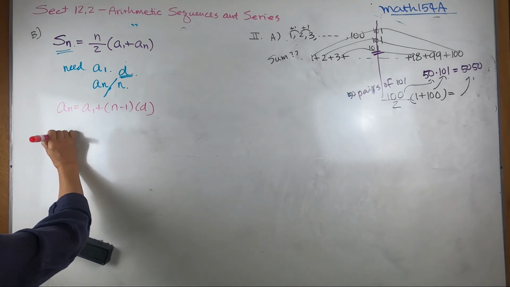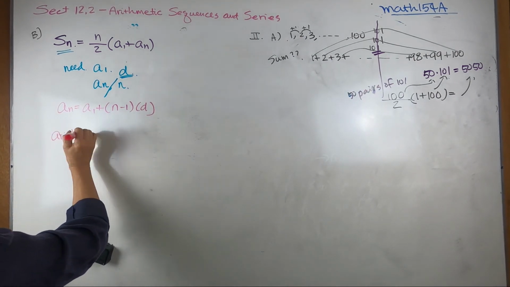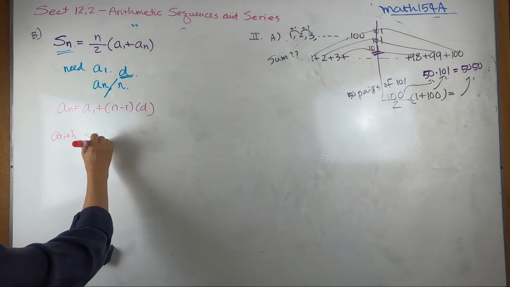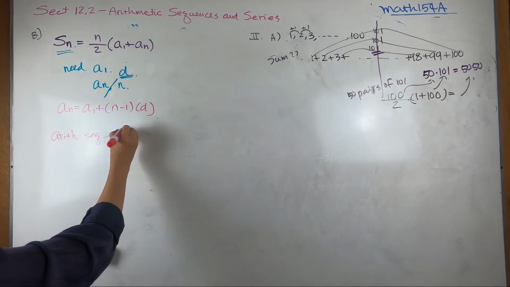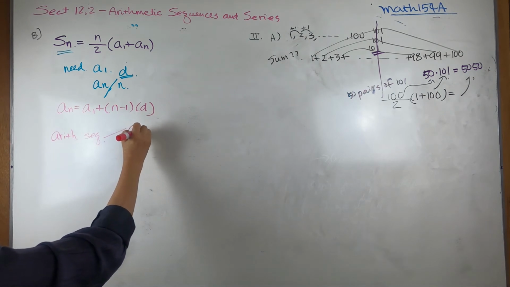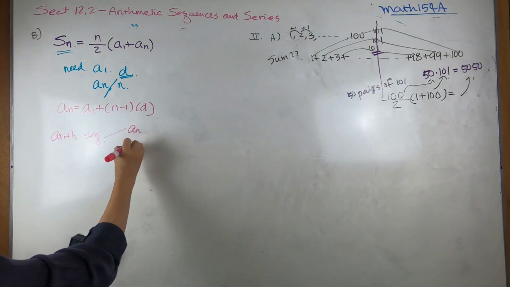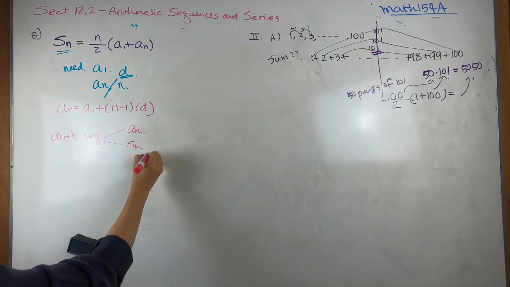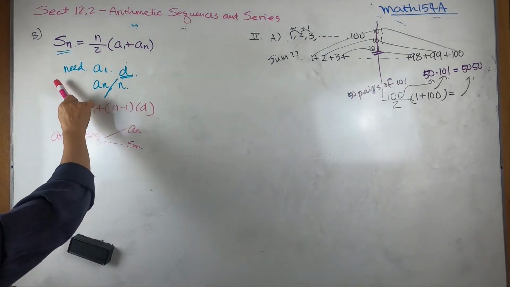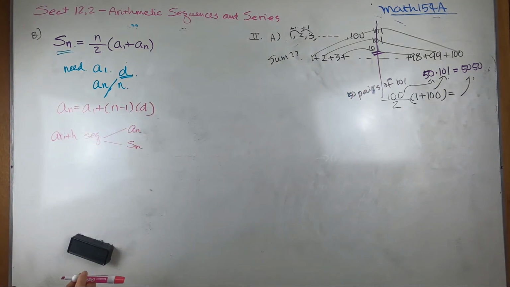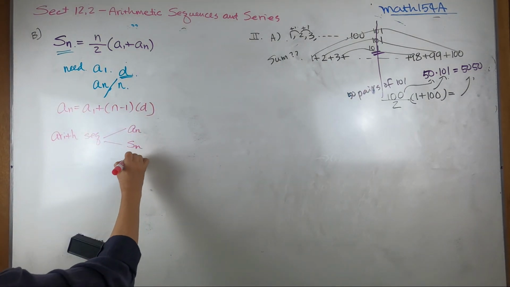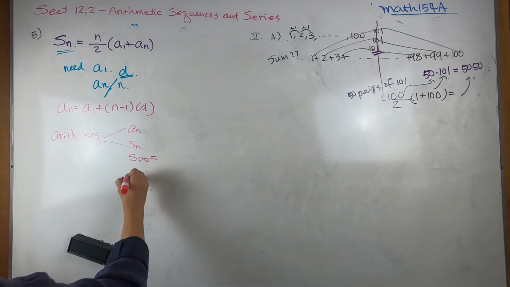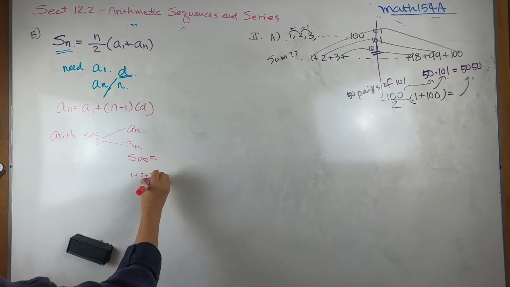A finite sum means you add up to 100 terms. If you do S infinity, that means infinite: 1 plus 2 plus 3 plus forever.